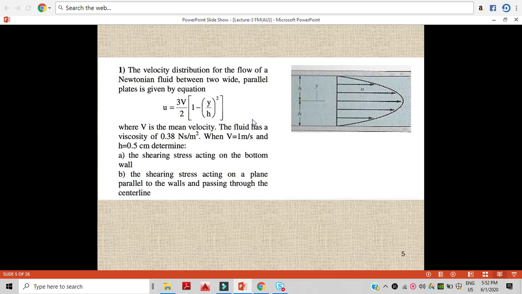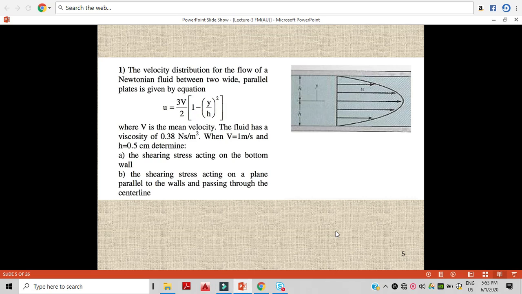The profile which is given is u equal to 3v, and u is a function of y. So to find out the shear stress, we have to find out du by dy. Mu is constant, the viscosity is given, so we have to find out du by dy.